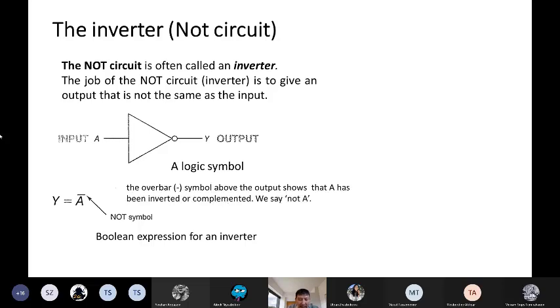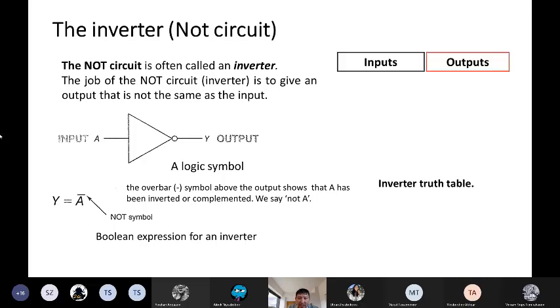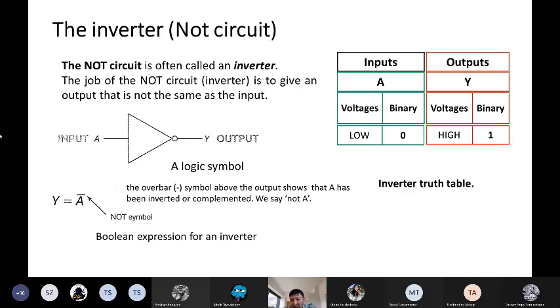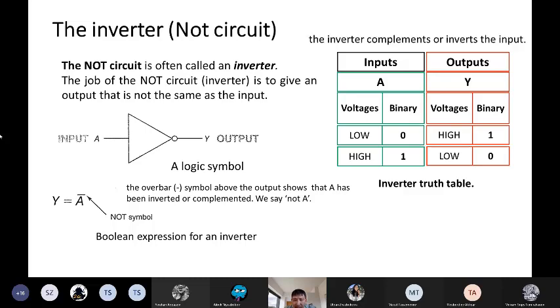Okay, but there is another way, we will also see how we can write it. So let's talk about the inverter truth table. It's very simple. We have one input and one output. So when input is low, we have output high. When input is high, output is low. That's it.